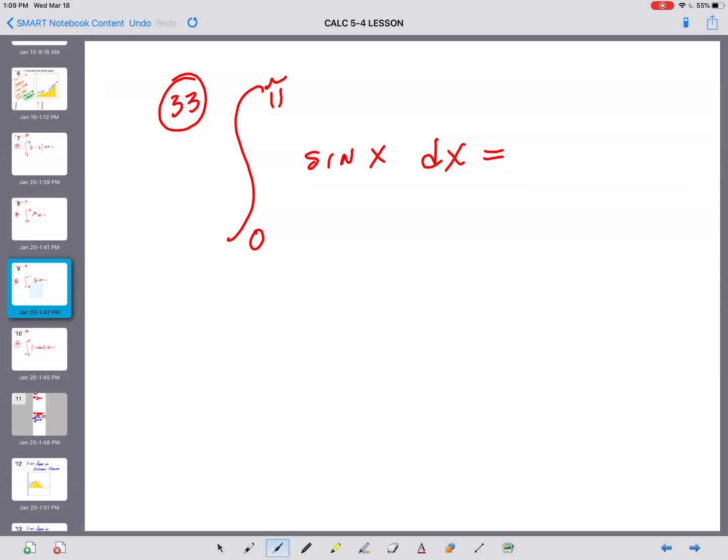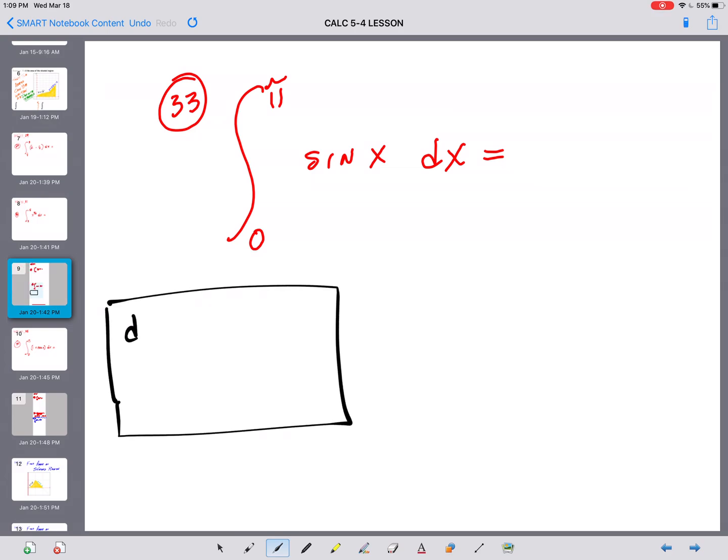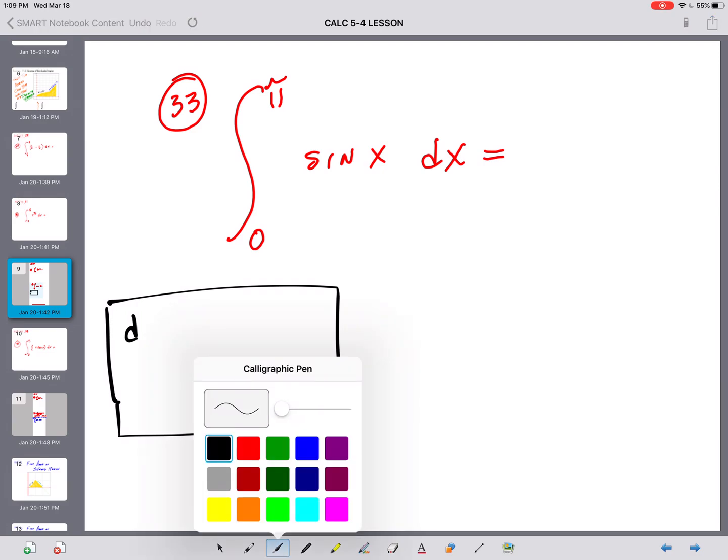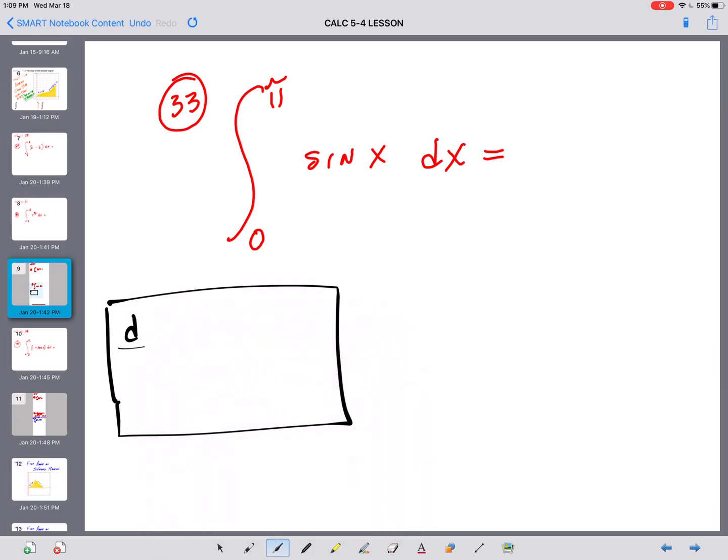Well, remember, here's what we've got on the chapter 3 formula sheet. It says the derivative of cosine is negative sine. So we want the function that when you take its derivative, you get positive sine.